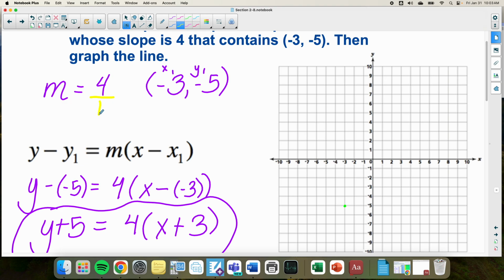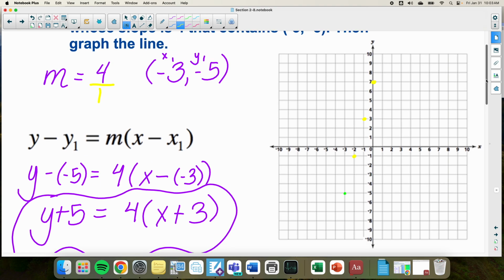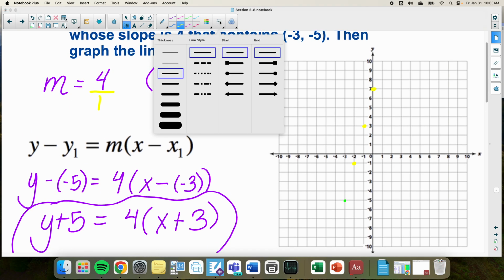Now, if your slope is positive, you go up and to the right. If your slope is negative, you go down and to the right. So if this is 4 over 1, I'm gonna count 1, 2, 3, 4 over 1 and put a dot. 1, 2, 3, 4 over 1, and I'm gonna keep going until I get off the chart, okay? Then I have to draw that line, okay?